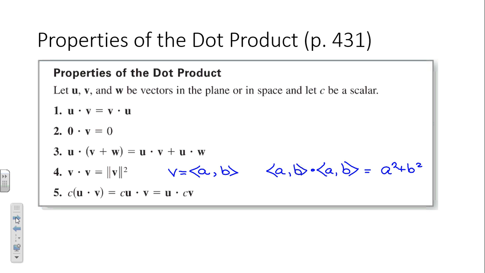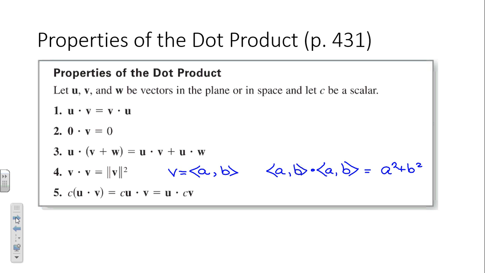Okay. And lastly, if I take a scalar and I multiply it by the dot product of two vectors, this is the one that's a little bit counterintuitive, okay? It's either the scalar times the first dotted with the second, or the first times the scalar dotted with the second, okay? You don't want to multiply it twice, right?